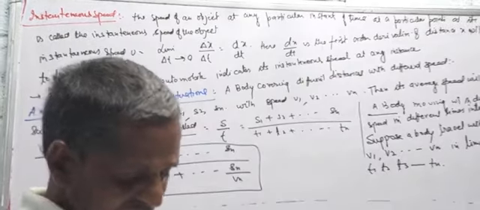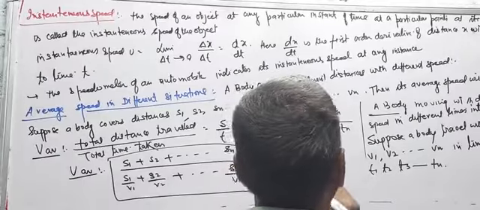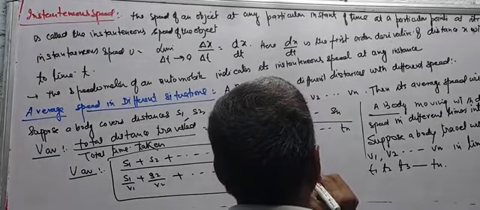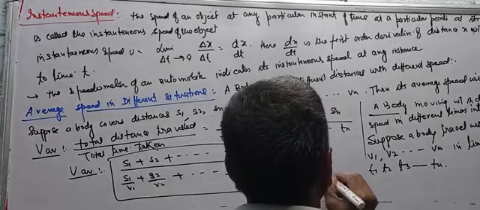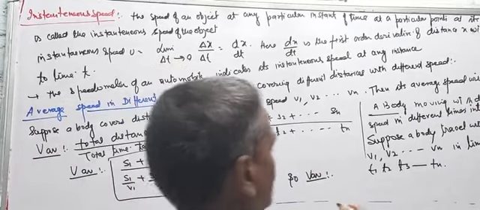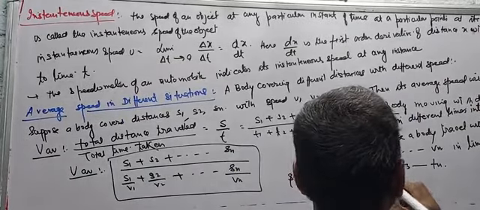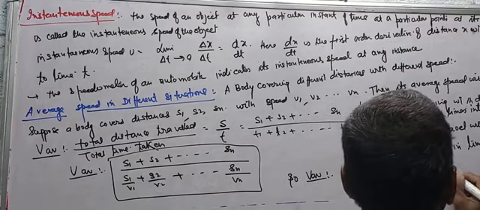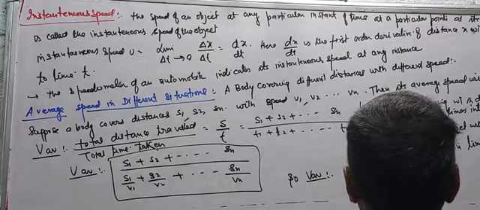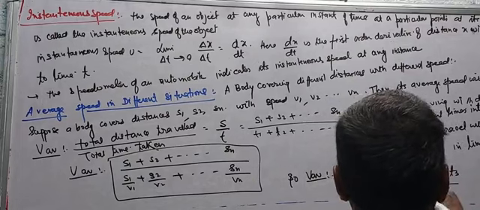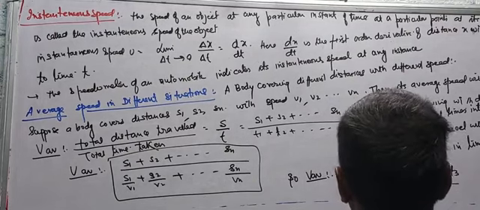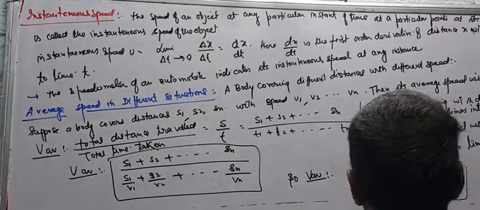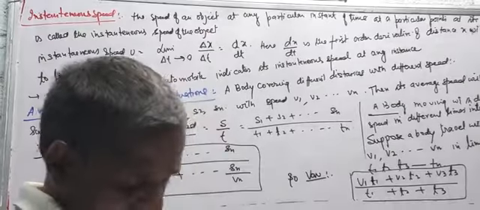So average speed will be v average becomes (v1 t1 plus v2 t2 plus v3 t3) upon (t1 plus t2 plus t3).